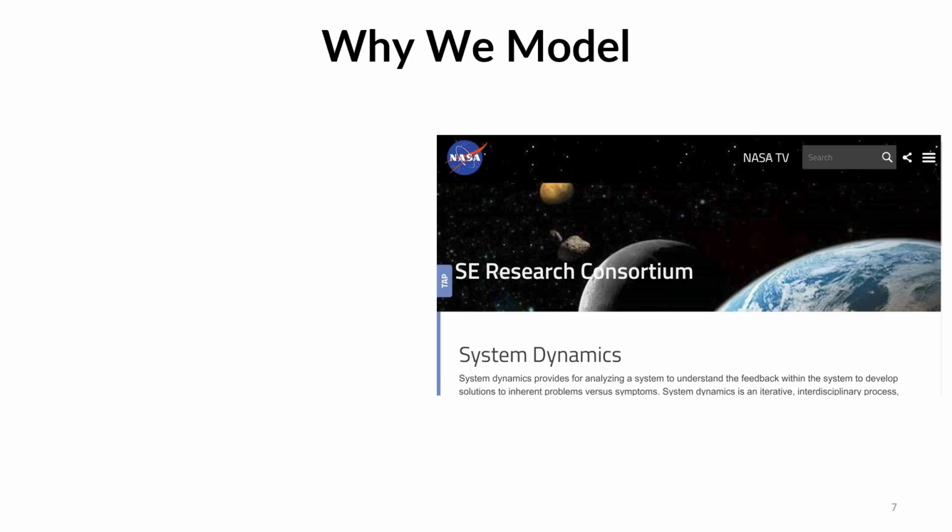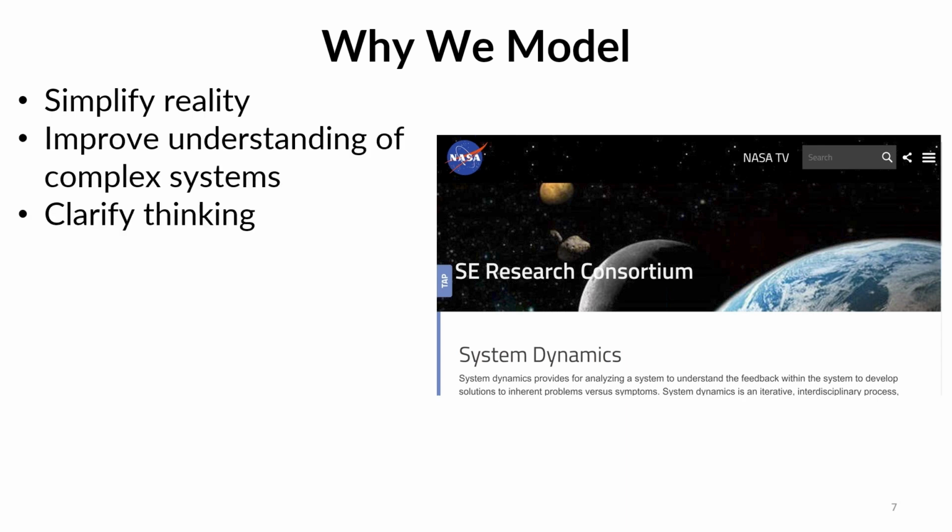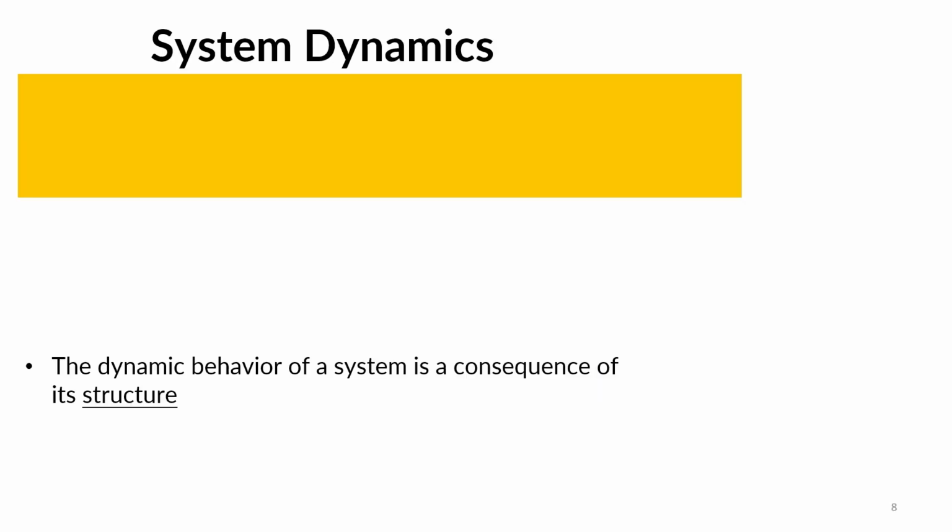So why we model? Starting from planetary systems to reactions, we try to model because we want to simplify reality as best as we can to improve the understanding of complex systems. And what that does is it clarifies our thinking, and in the process, we create a lab for controlled experimentation on the computer, where we can compress time and space.